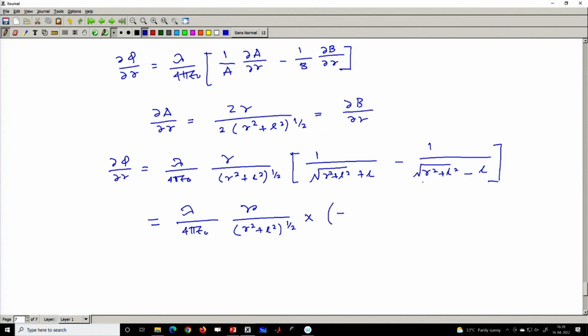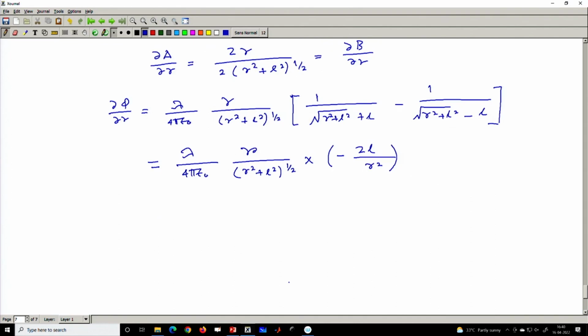If we calculate this, the R square terms cancel out, and 2 L and a plus b into a minus b is a square minus b square, so I simply have R square here.